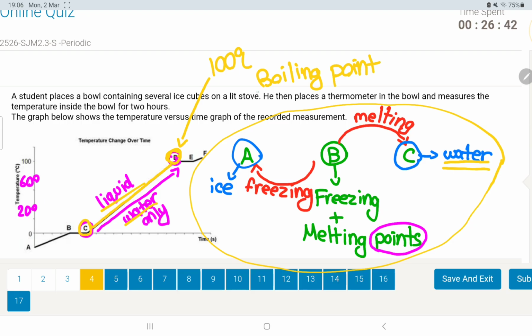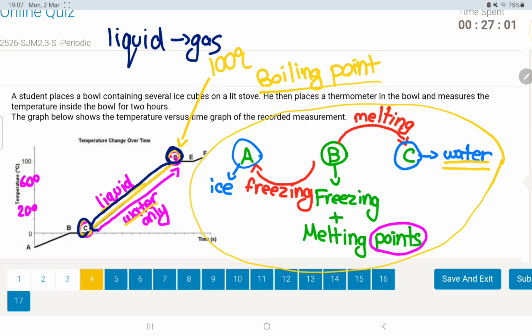Because it's the boiling point. Guys, when something boils, it changes from a liquid to gas, right? So basically, D is still a liquid even though it's boiling, right? So this full time lapse, it's only liquid water. Don't let it confuse you, okay?